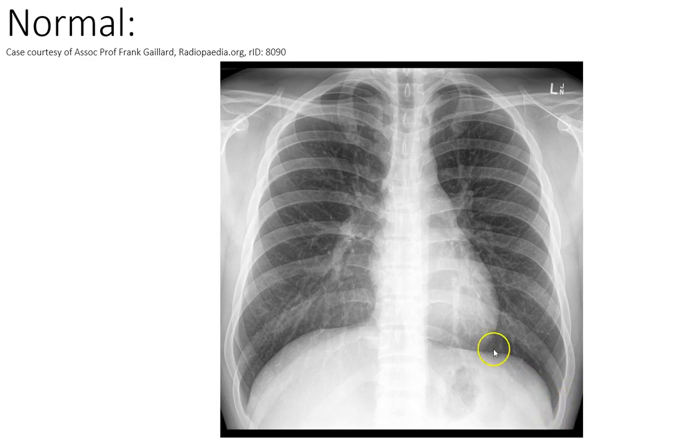The cardiophrenic angle and the costophrenic angle are both really clear. And the heart border is really crisp and clear too. I'm looking at the heart. I can see that there's a small bulge on the right side, and the majority of the heart sits to the left. If there is a shift of structures, then that could be clinically significant.